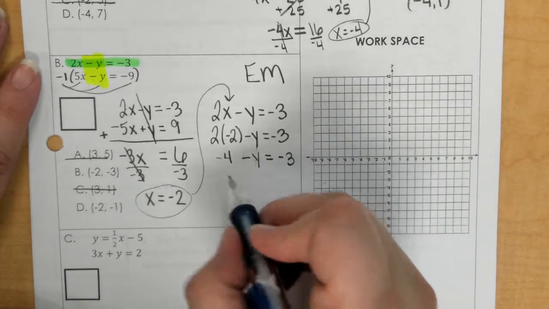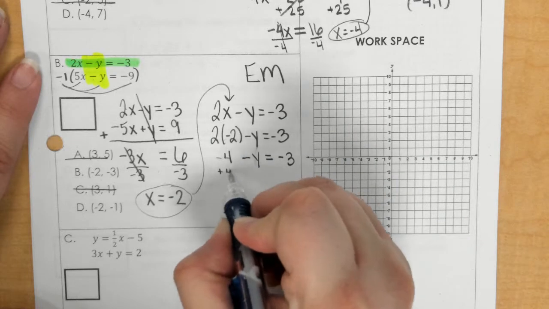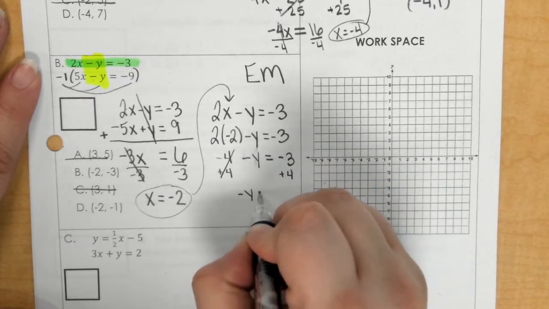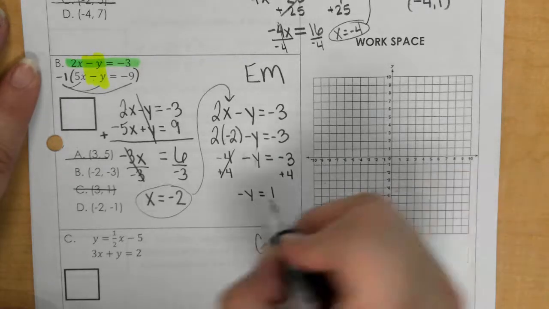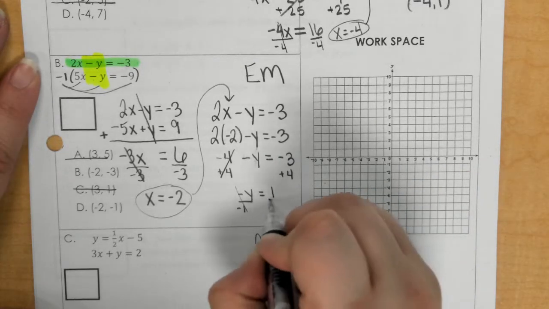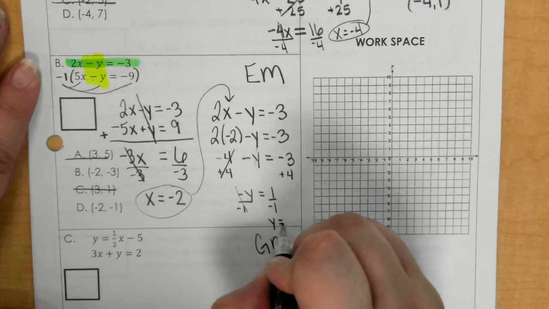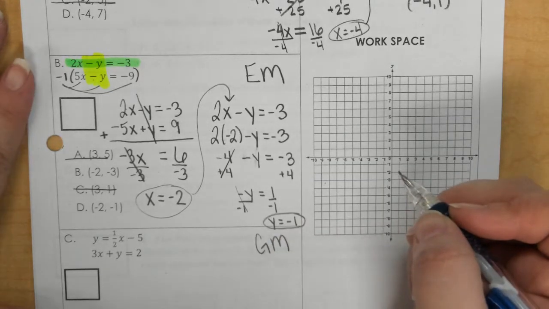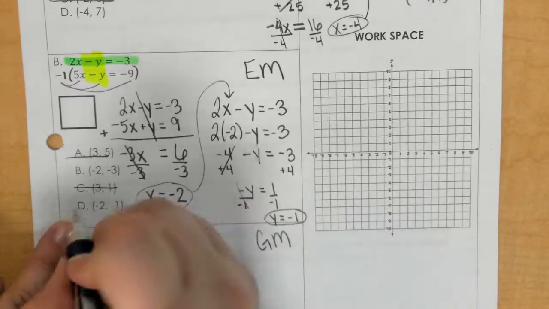To solve for y, I need to add 4. So -y equals 1. And then divide by that -1. And y is -1. So my solution would be -2, -1, which is D.